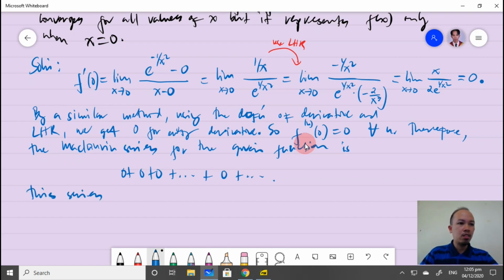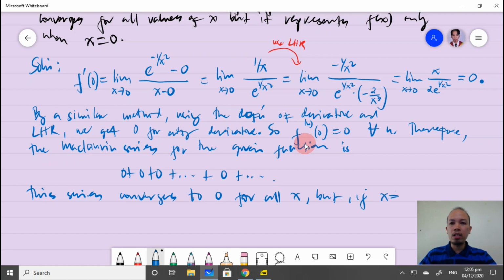However, this series converges to 0 for all x, but if x is not equal to 0, then our f of x, which is equal to e to the negative 1 over x squared, is not equal to 0, for all x which is not equal to 0.